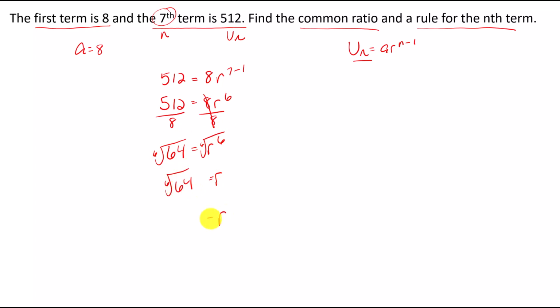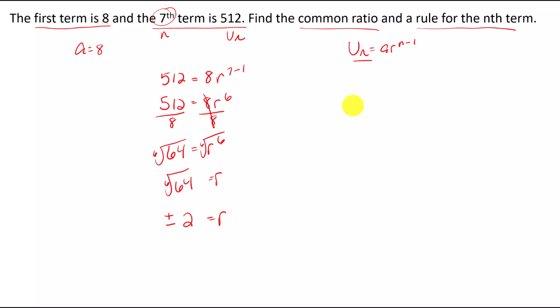But anytime we take an even root, we have to put plus or minus in front of our answer. So the 6th root of 64 is 2, but because that's an even root, it's plus or minus 2. So in this case, R could be positive 2, or R could be negative 2. And we don't have the sequence to look at the values, and we're not given enough information to decide whether R is the positive 2 or the negative 2 because we only have the first term and the 7th.